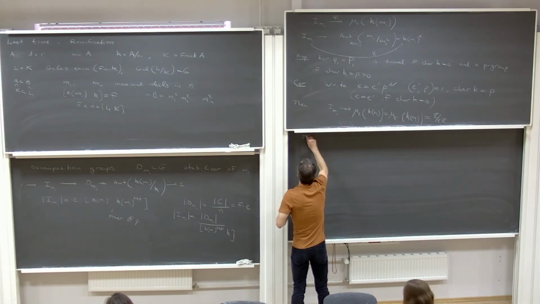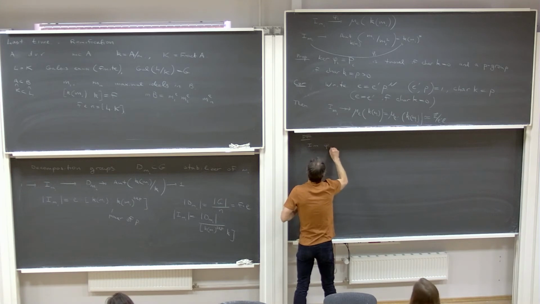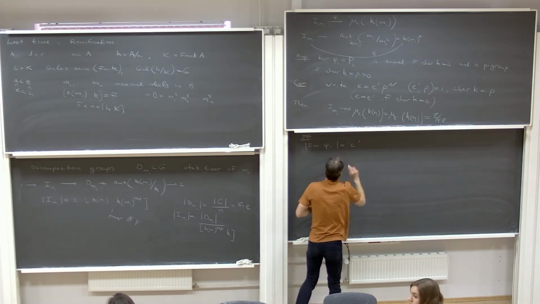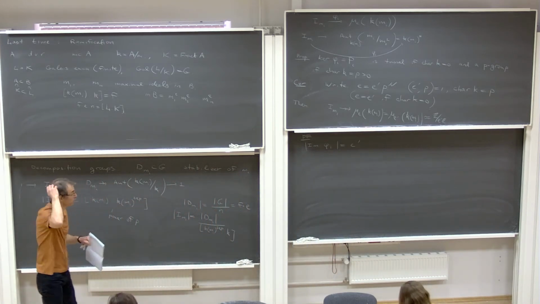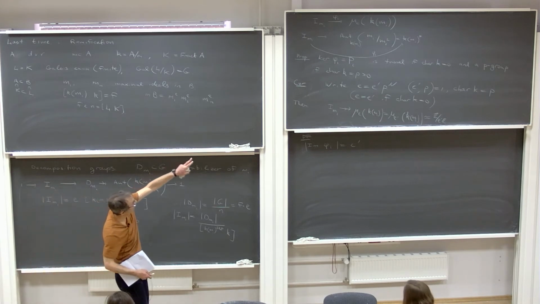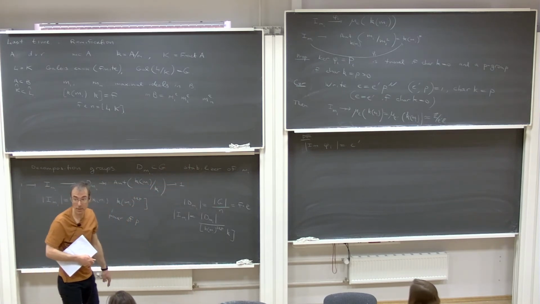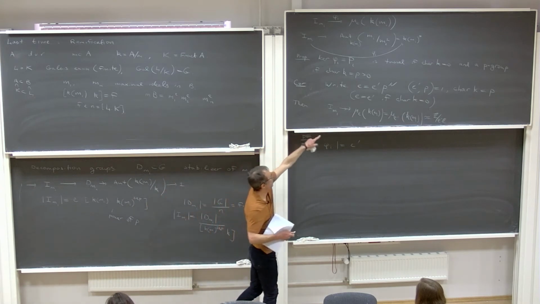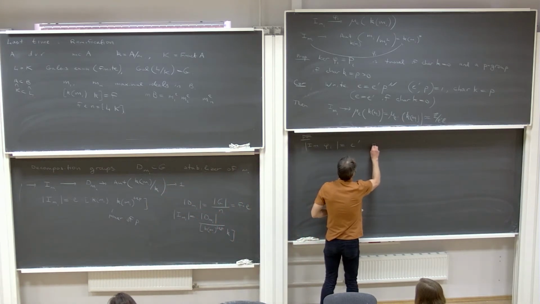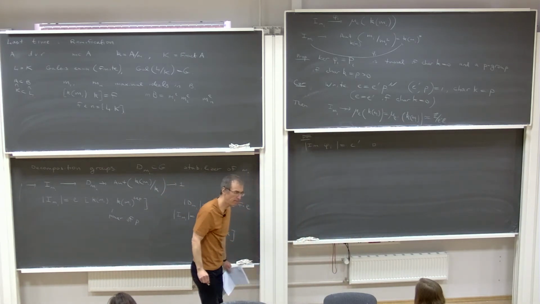Proof: the image of Phi has order equal to E prime. Okay? Because it catches the prime to P part of E, of I. And this proves both statements.